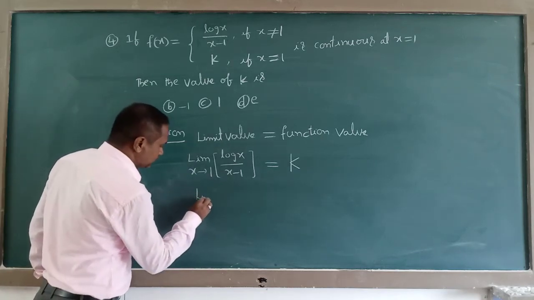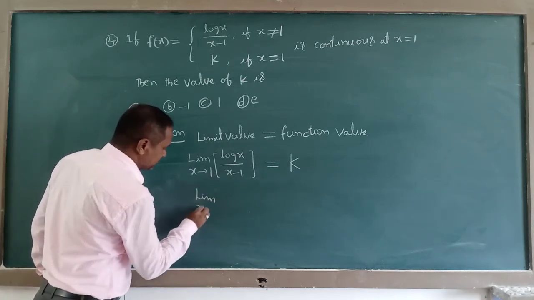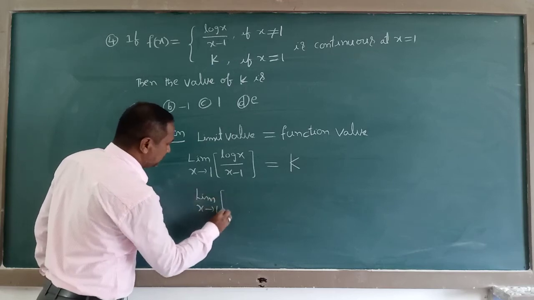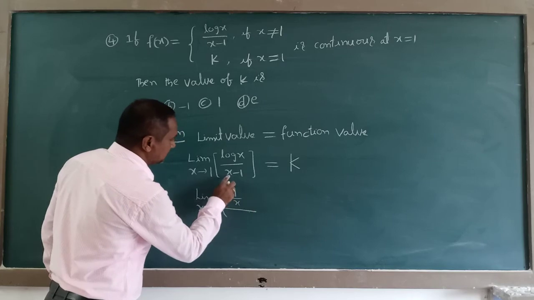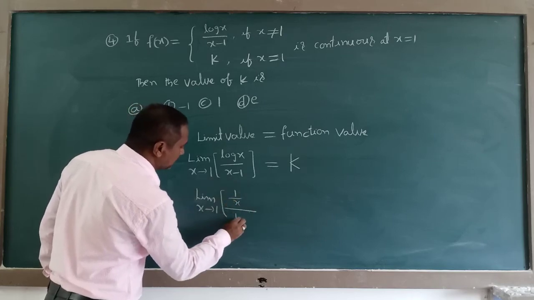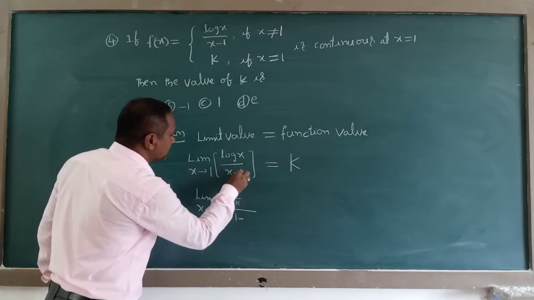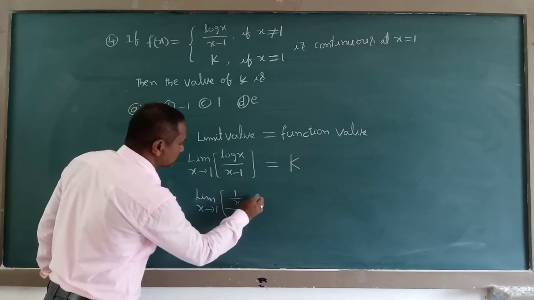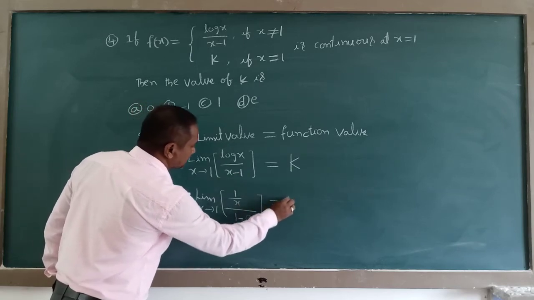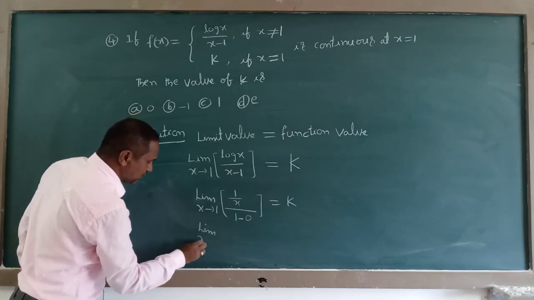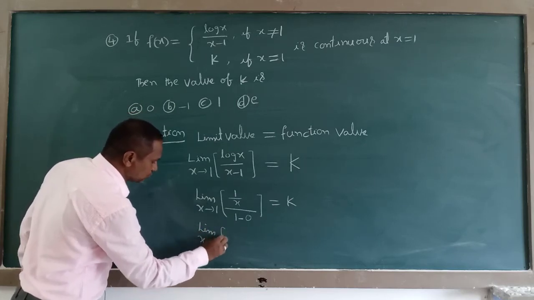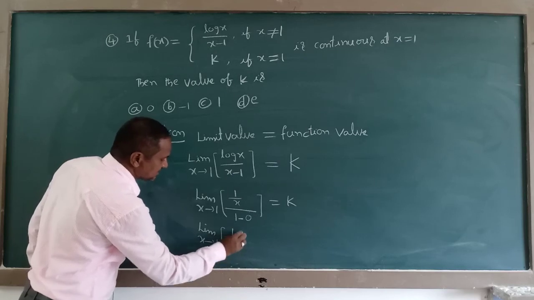Limit x tending to 1: d by dx of log x is 1 by x, whole divided by d by dx of x which is 1, and d by dx of the independent constant 1 is 0, is equal to k. That is limit x tending to 1 of 1 by x is equal to k.